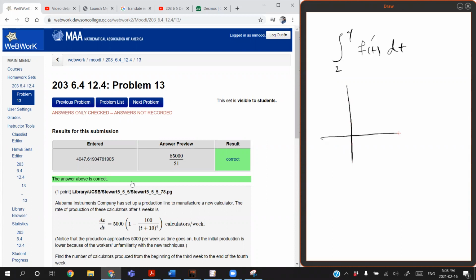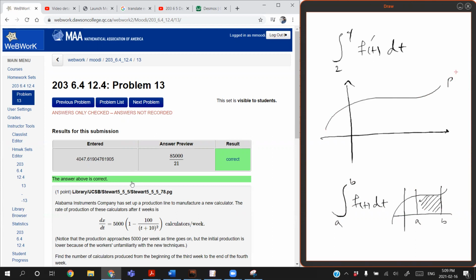So again, what really matters is that don't forget that if you're calculating a definite integral from A to B of f of t dt, you're dealing with the area of a region that starts at A and ends at B, okay? And with this production function, if you're given p prime of t, you can just think of it like this. 0, 1, 2, 3, 4.